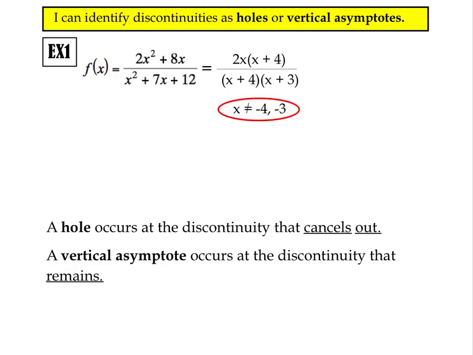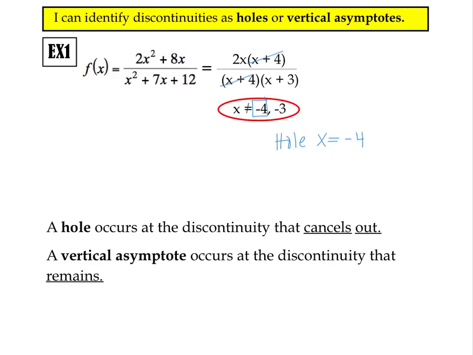So when I look at this problem, I notice that x plus 4 and x plus 4 are going to cancel. So this discontinuity of negative 4 is going to be just a hole. It's not going to be an entire vertical line. There's going to be a hole where x equals negative 4. And then a vertical asymptote occurs at the discontinuity that remains. So there is nothing that will cancel with x plus 3.